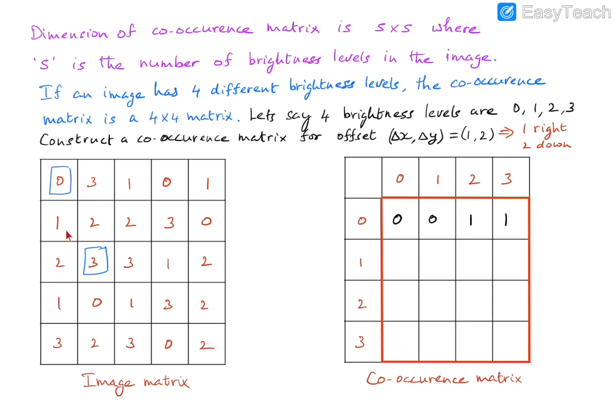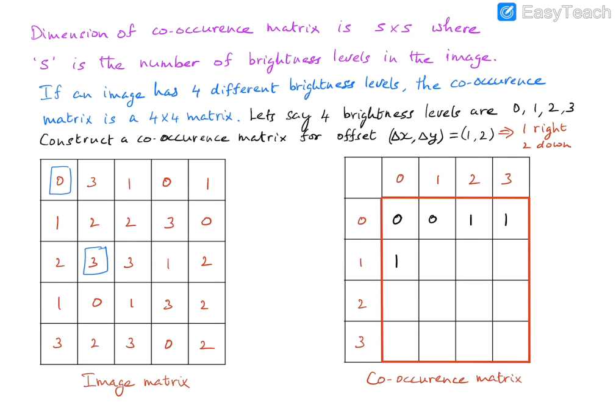So 1 0 occurs once. Is there any other one here? From here it's a 1 and it's a 2 here. So therefore 1 0 occurs only one time. Okay, so here and here we have 1 0, and it's only one time in the image that we see a combination of pixels having the values 1 and 0 at that particular defined offset of 1, 2. So we say it's one time.